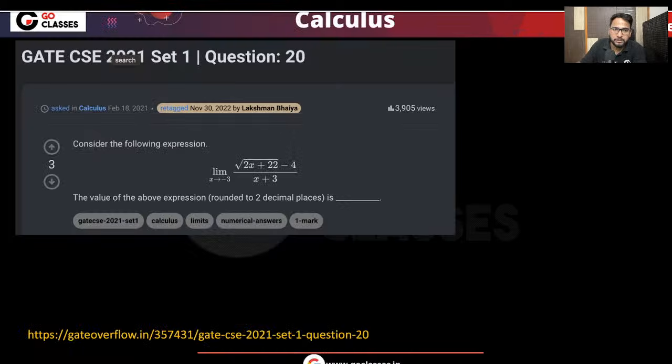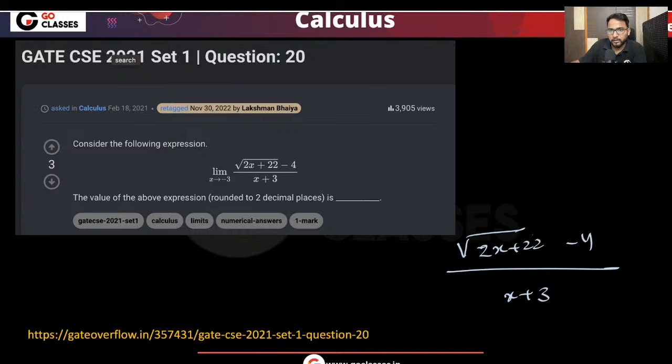What about this? So this is 2x plus 22 minus 4 upon x plus 3. If x is going to minus 3, then this will be 0, and then this is minus 6. 22 minus 6 is what? 16. So this is again 0 by 0.